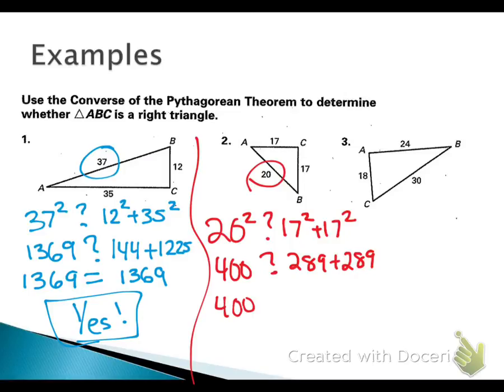Anyone know what you get when you add those together? 578. So what symbol goes in there?